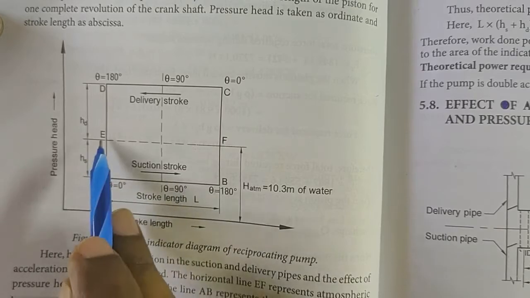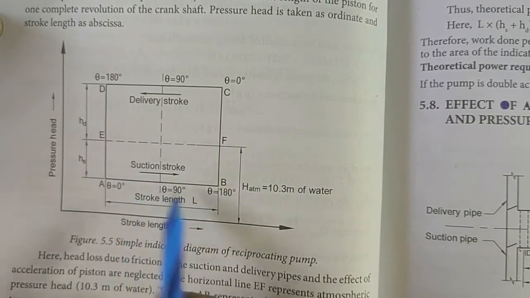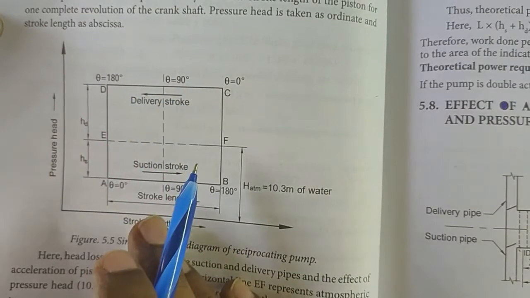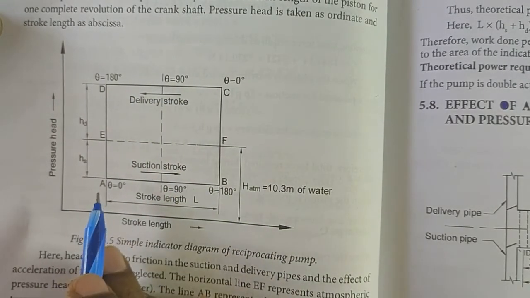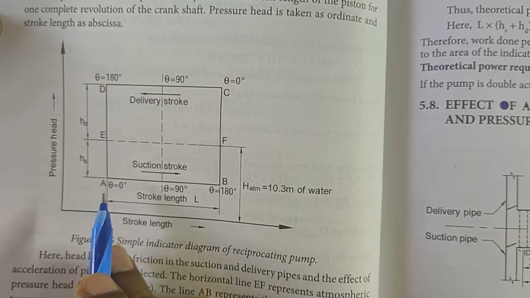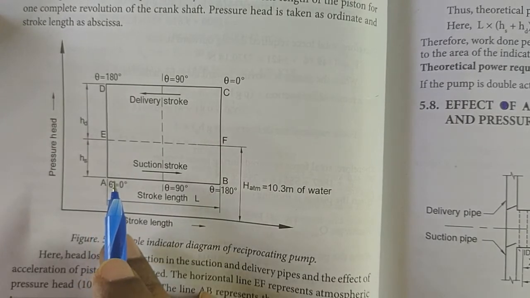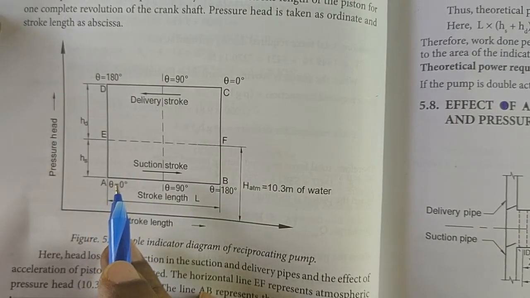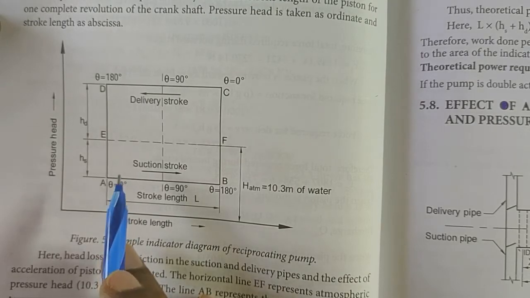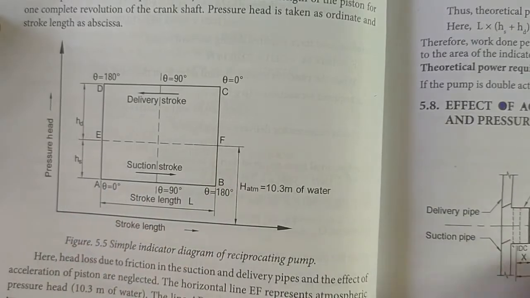So we have taken this HS as uniform along the stroke length on both suction and delivery. Now we are informed that there will be an additional pressure head required for the acceleration or deceleration of water inside the cylinder. So we have to consider that, and redraw the indicator diagram considering the acceleration head.